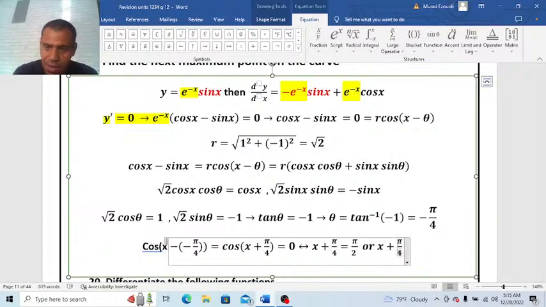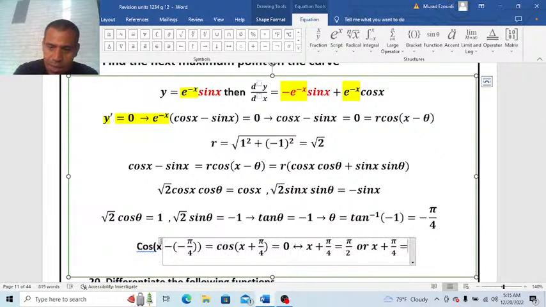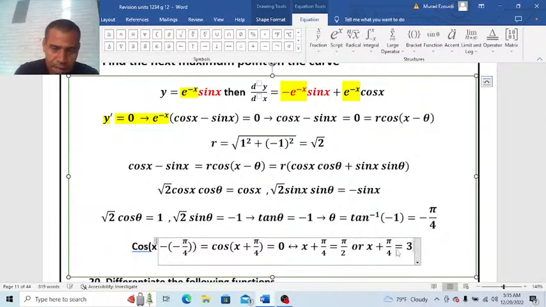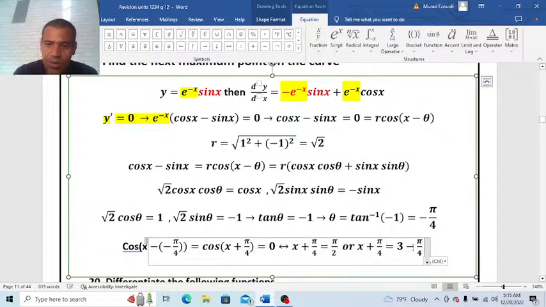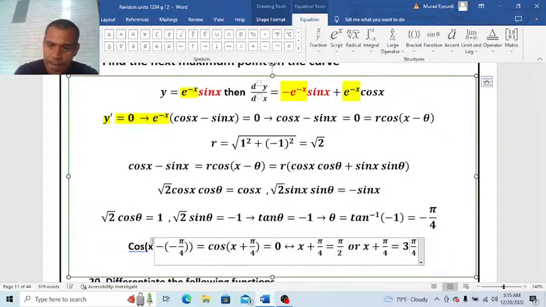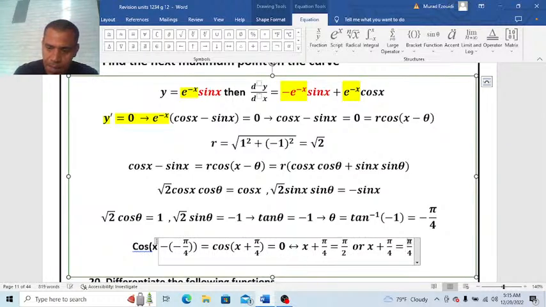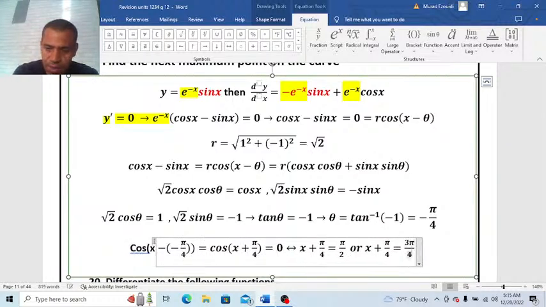Is equal to 3 pi over 2. You see the 3 in 2 condition, 3 multiplied by pi over 2. Okay, I will write down. This is 3 and this is 2.